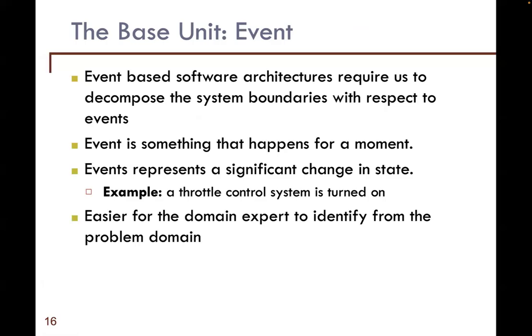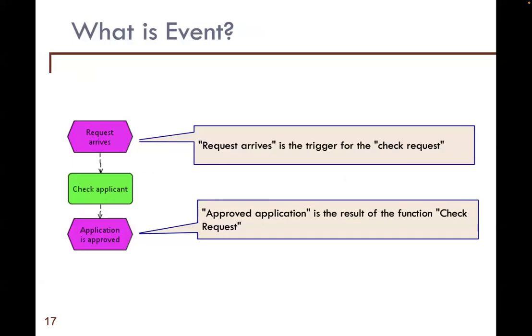Event is something that happens for a moment in the business domain, and it can easily be transformed into a software application as a form of an event that's happening in the event queue. Some examples are request arrives, check applicant, and application is approved.